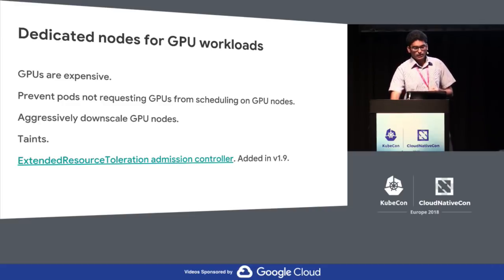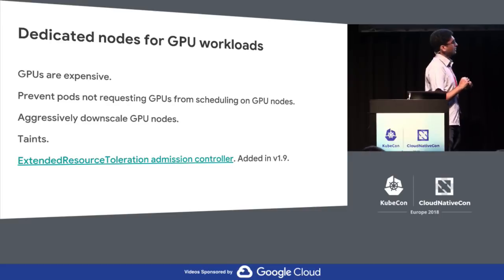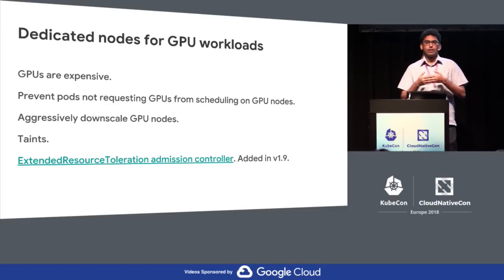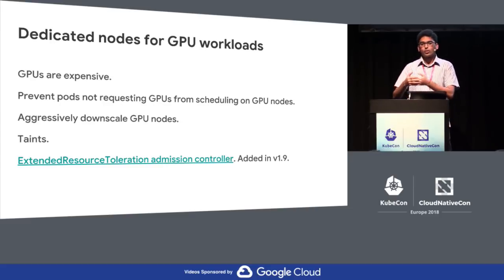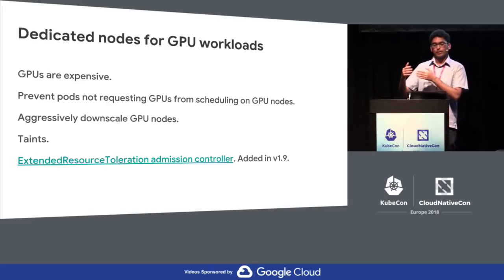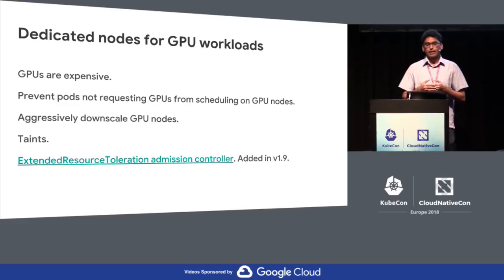In 1.9, we added an admission controller called extended resource toleration. So this controller recommends that you add a particular taint to your GPU nodes. So it tells you what the key of that taint should be. And if you do that, what this admission controller will do is that it will automatically add a toleration to your GPU pods.